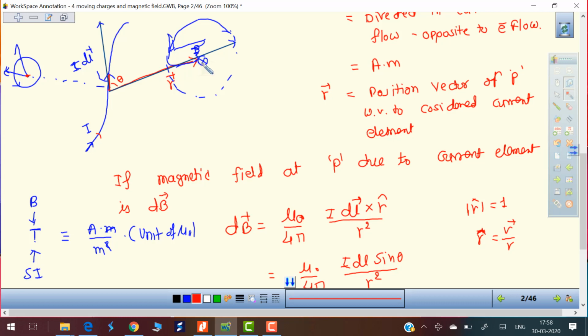One thing is sure, it cannot be in the plane. Second thing, if you want to find the magnetic field along this line, r is here, Idl is this, which means the angle is 0, so the cross product is 0.